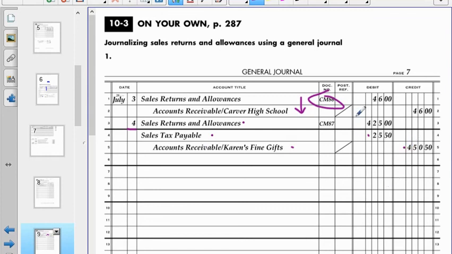Now that we have done each of our ideas so far, go ahead and jump forward in your textbook to page 289 and start working on your application problems. 10.1 application is going to be that sales journal. 10.2 application is going to be that cash receipt journal. 10.3 is going to be your sales return and allowance journal.